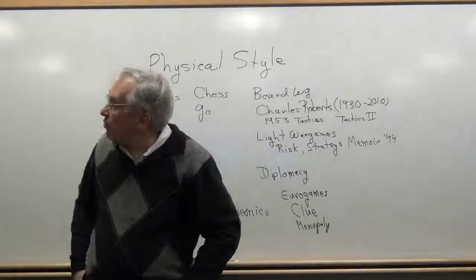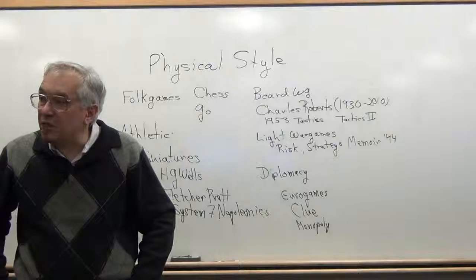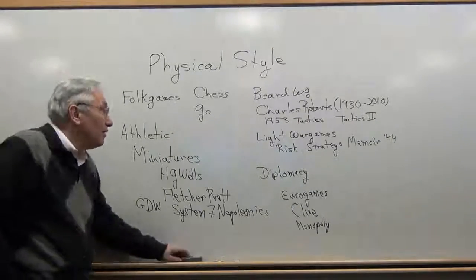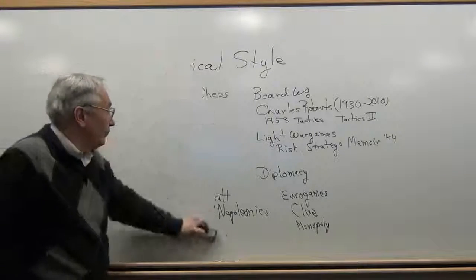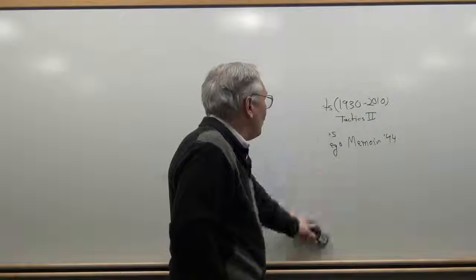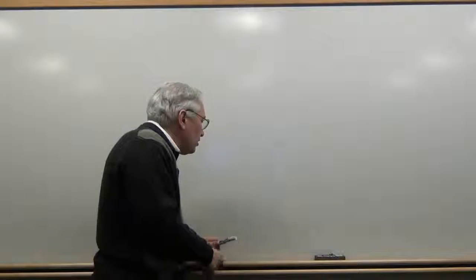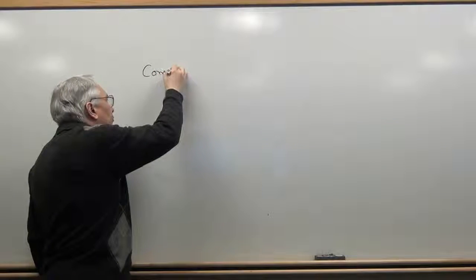And so I have now described all of these different physical styles of games, and I'll say more of them a little later on. However, I'm going to erase this. And I'm going to point out some more modern variations on this. And actually, the first of the modern variations to show up, arguably, were computer games.